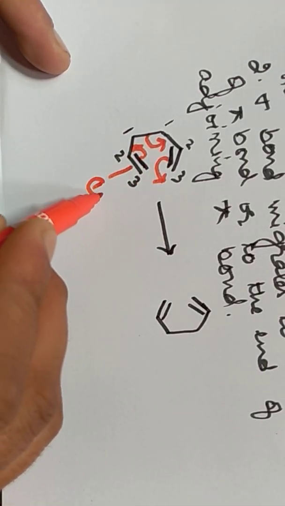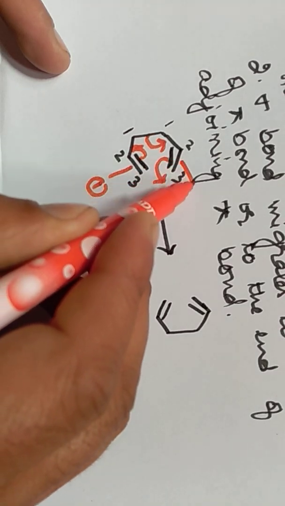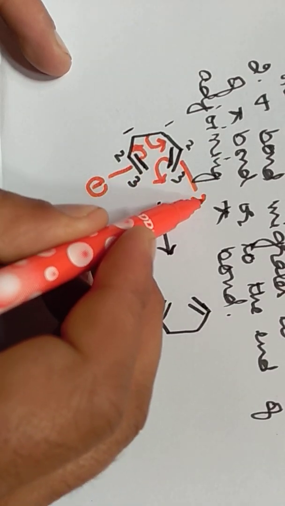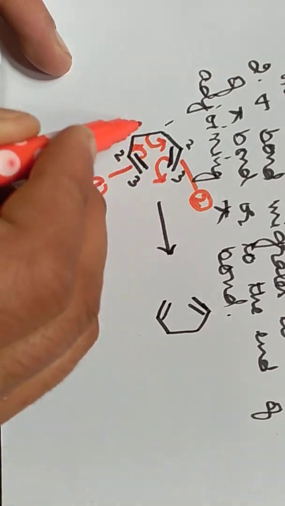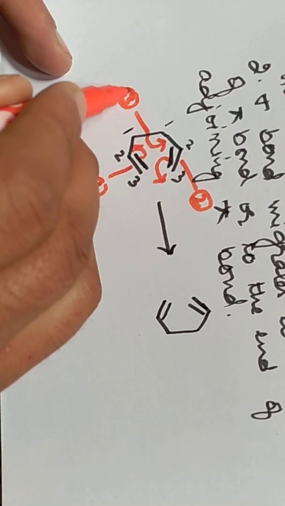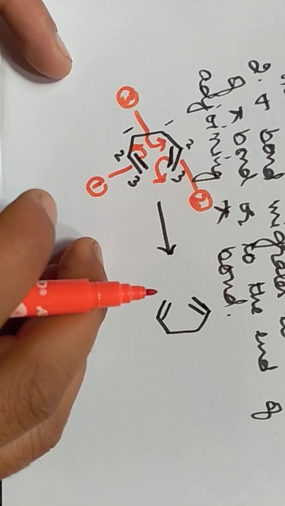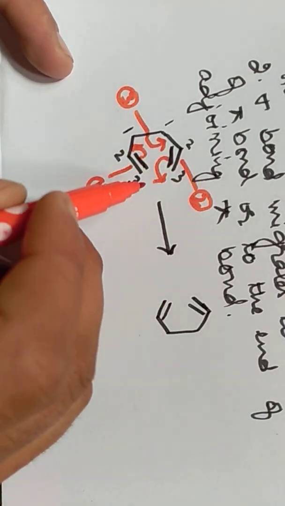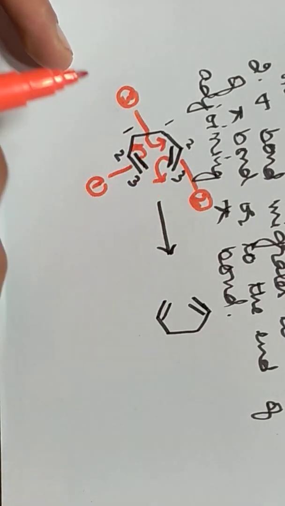Now in this case, one electron pair, two electron pairs, three electron pairs, right? These three electron pairs are involved in the reaction.